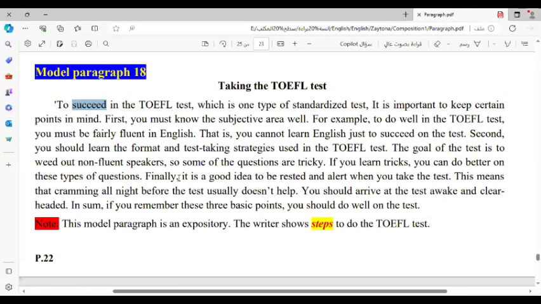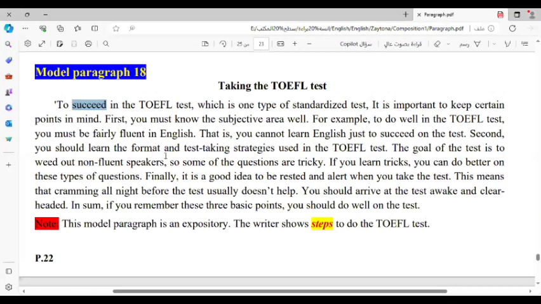Standardized is an adjective, okay, which is like it is one type of something. Standardized test, it is like امتحان موحد. It is important to keep certain points in mind. First, you must know this subjective area well. For example, to do well in the TOEFL test, you must be fairly fluent in English. That is, you cannot learn English just to succeed on the test.